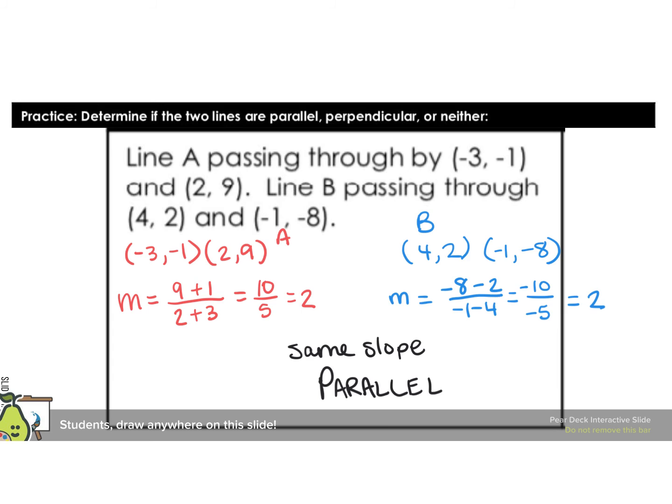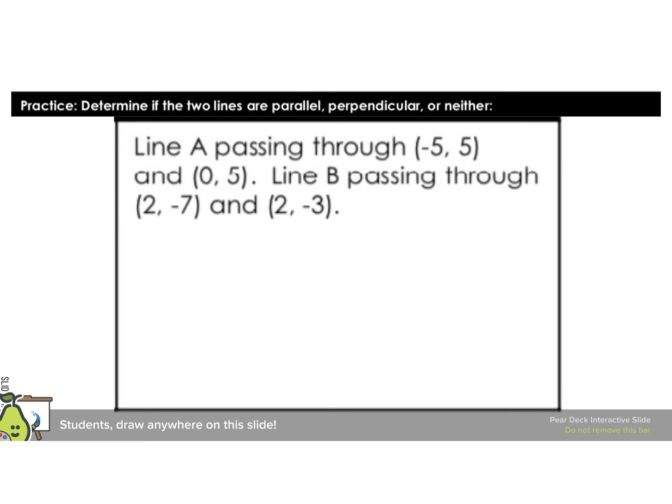Let's look at another example. Line A passing through -5, 5, and 0, 5. Okay, find our slope. You can go ahead and find the slope of that one.